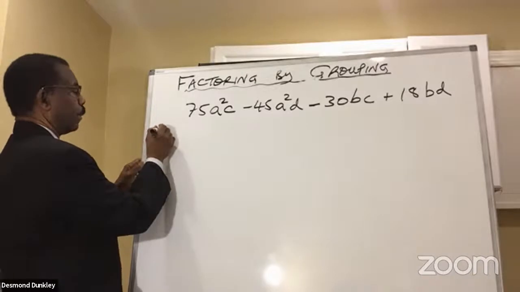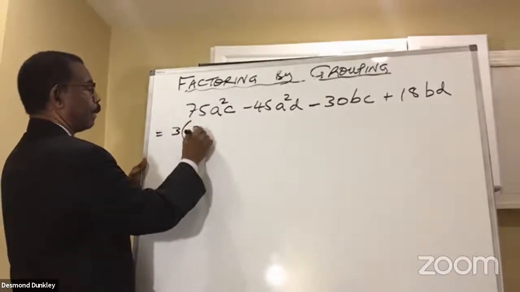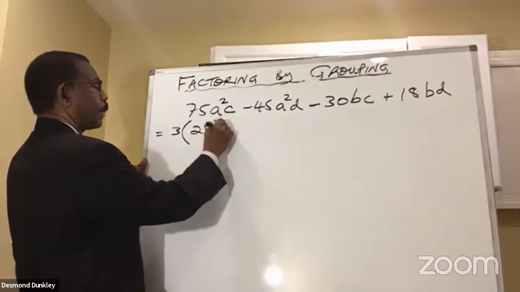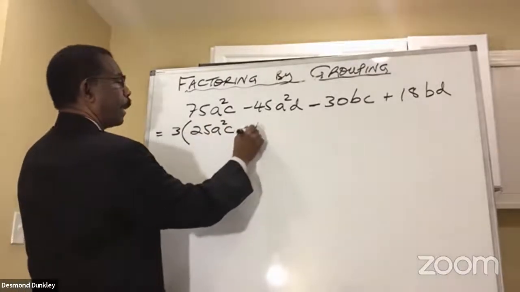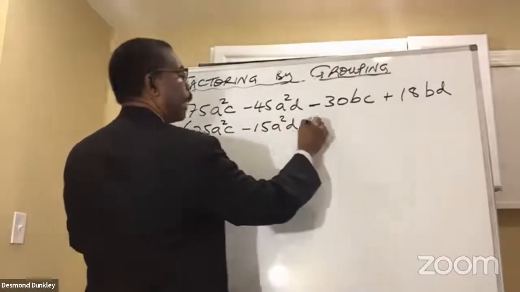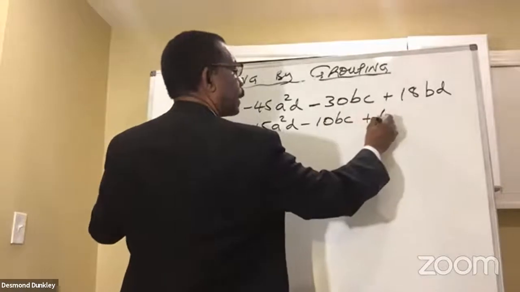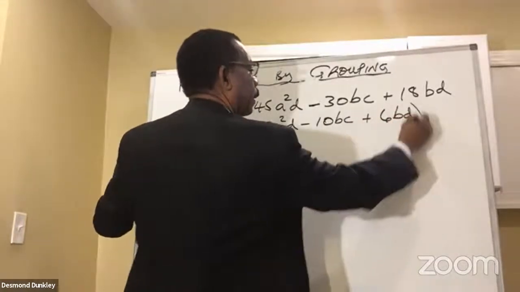So this is equal to 3 times 25a squared C minus 15a squared D minus 10 BC plus 6 BD.